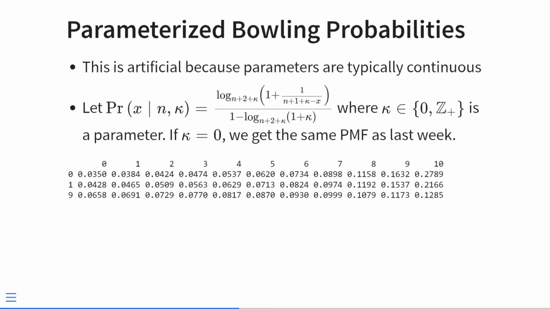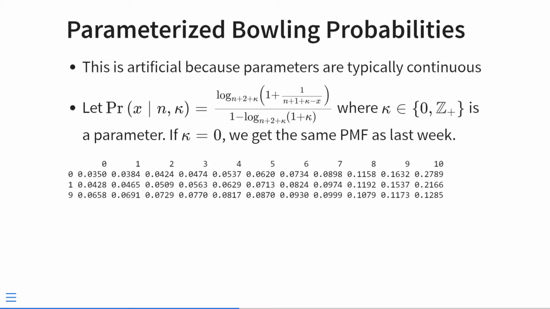So if kappa is 1, then the probabilities are like this, with the probability of a strike being a little bit lower. If kappa is 9, then the probabilities are this. The good outcomes are getting lower probability than before, and the bad outcomes are getting higher probability than before.